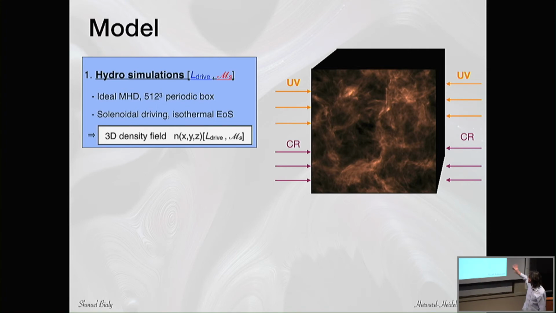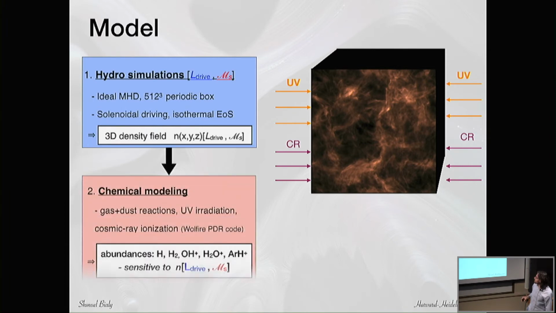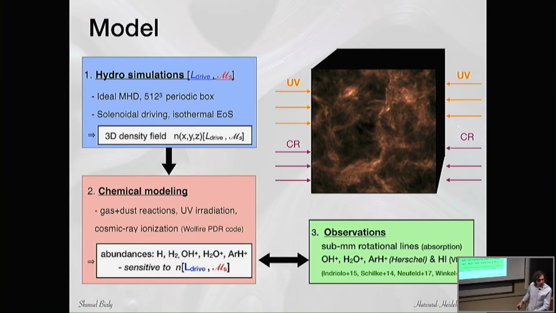This is a 3D box, and this is the column density of the box. Then we assume that this box is irradiated by UV fluxes and cosmic rays. And now we use PDR modeling, photodissociation region chemical modeling, to model abundances of different molecules in the box.